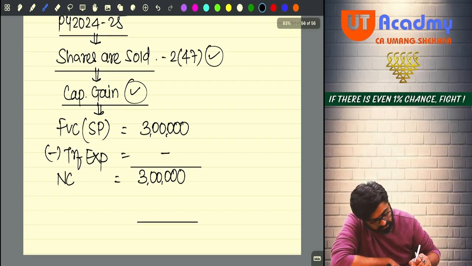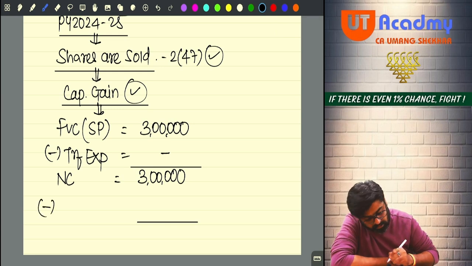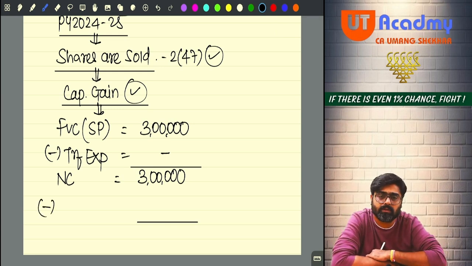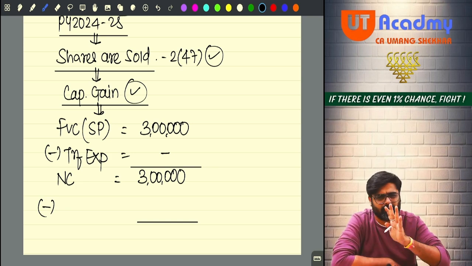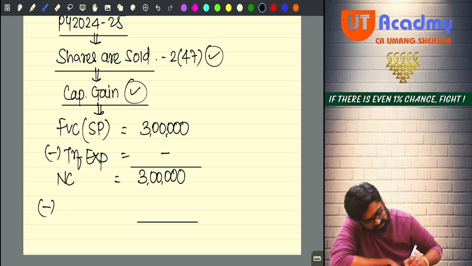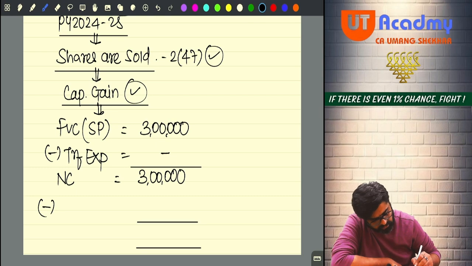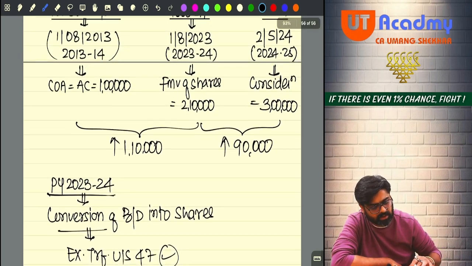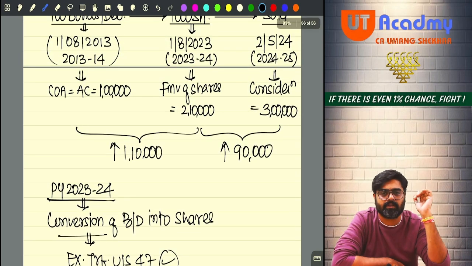Now please pay attention. Out of this net consideration, I will reduce cost or indexed cost, depending on the period of holding of these shares. But wait, that we will decide. Whatever it is, how much gain is happening to me? By selling these shares for 3 lakhs, how much gain is realized?